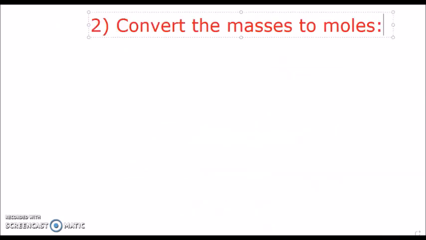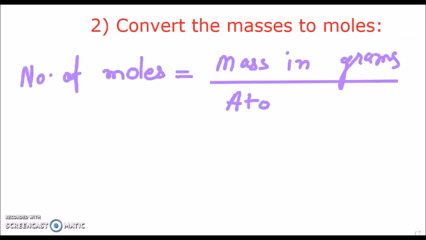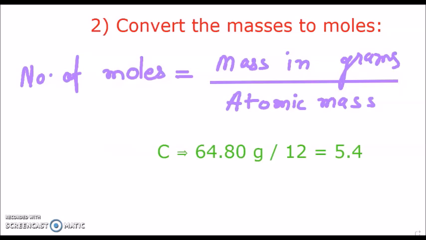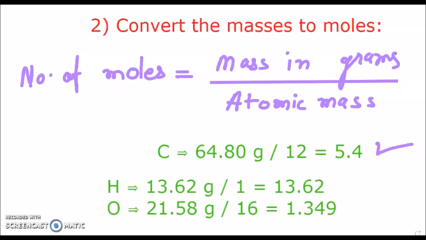Now at step number 2, we will convert the masses of individual elements to moles. So number of moles is equal to mass in grams divided by the atomic mass of that particular element. In the case of carbon, we have the total mass of carbon divided by the atomic mass of carbon, which is 12, and therefore we get the number of moles of carbon, 5.4.